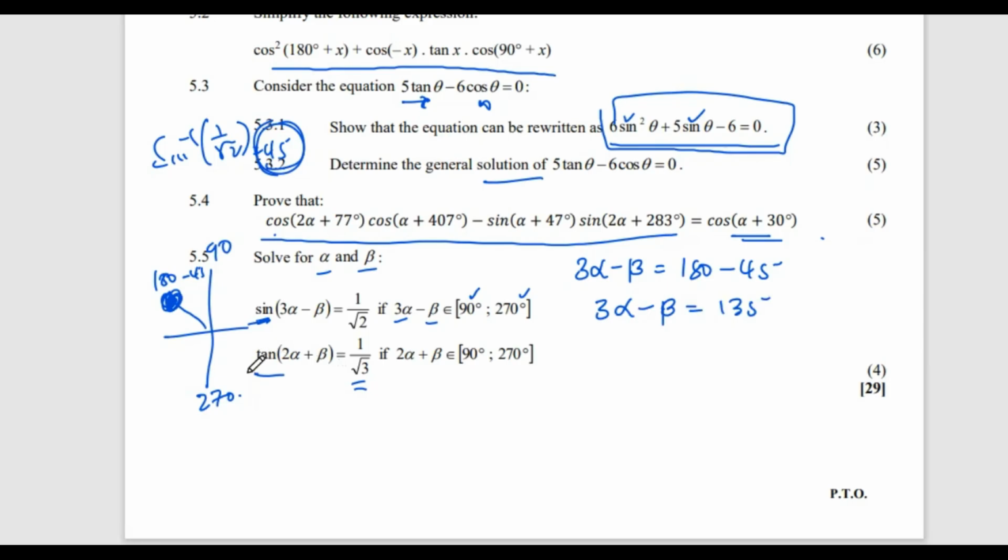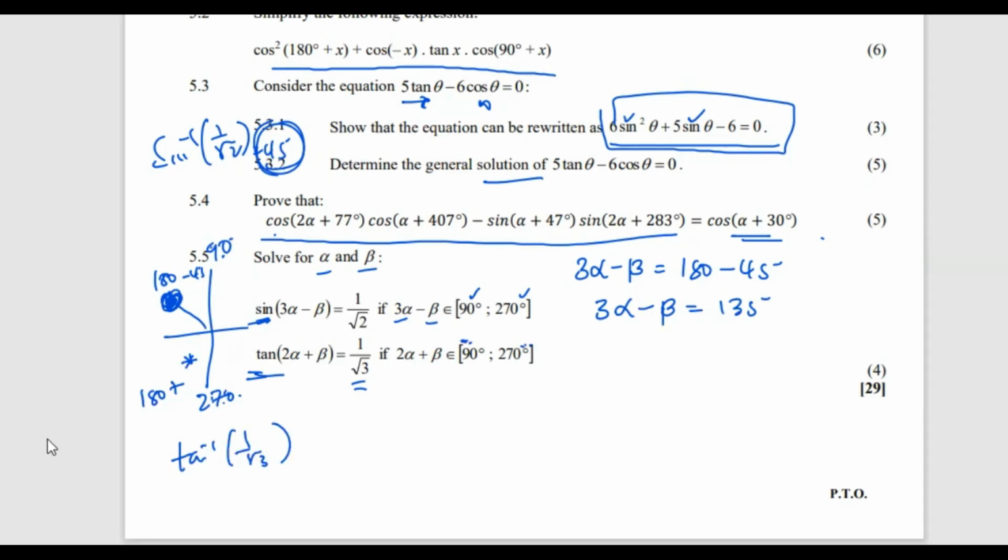Then when you look at the tan, it is also positive. They're telling us with the same ratio. So between these intervals, where we find tan to be positive, it's in the third quadrant. Third quadrant is 180 plus. So what is the shift tan of 1 over root 3?